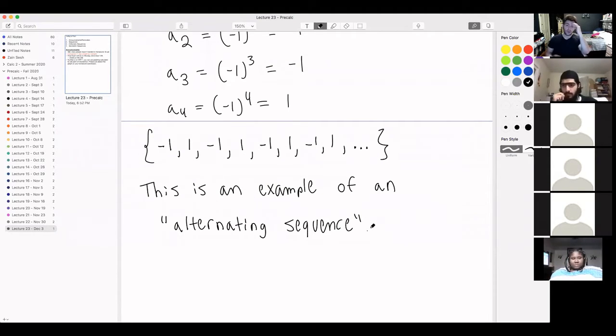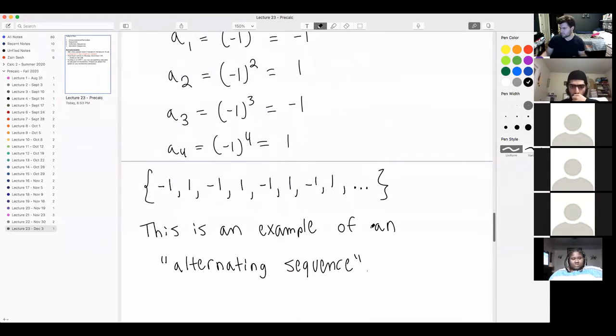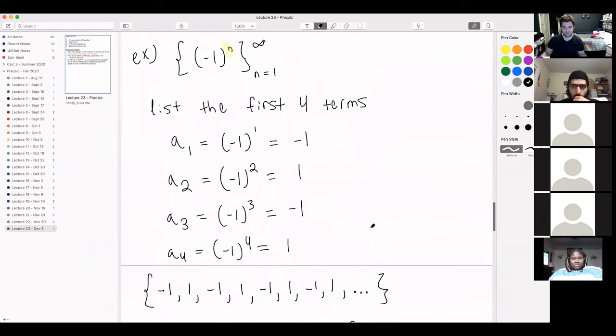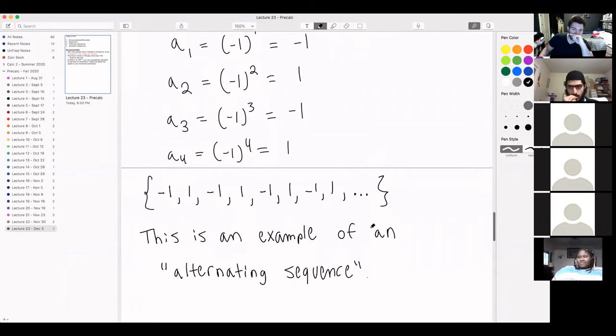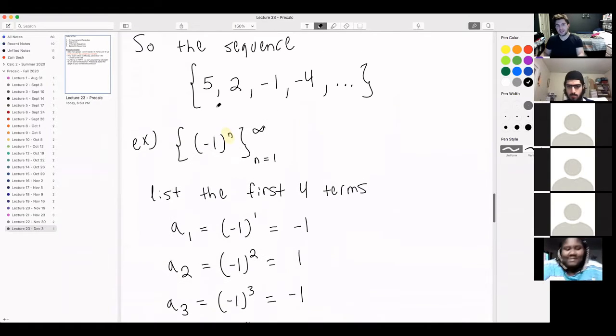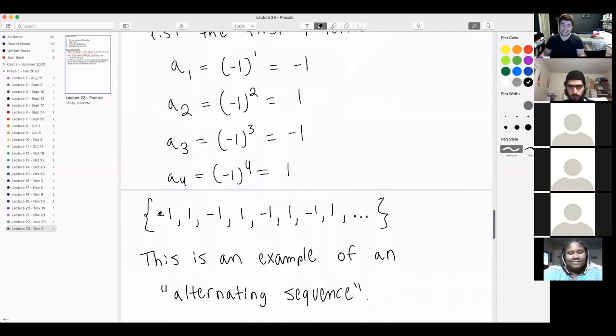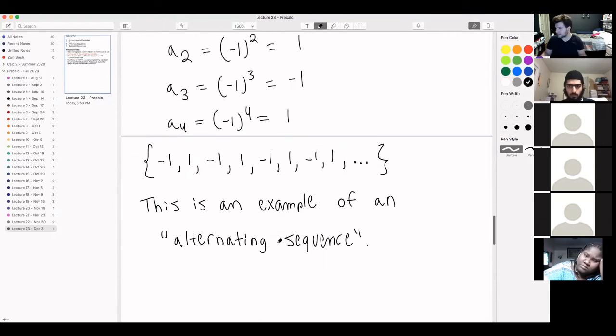All right, so any questions about this? Could you explain where you said that alternating sequence? Yeah, so this is just something you would call an alternating sequence, and that's because the plus and negative sign are alternating. One term's negative, one term's positive, next term's negative, next term's positive. So that's the alternating thing.